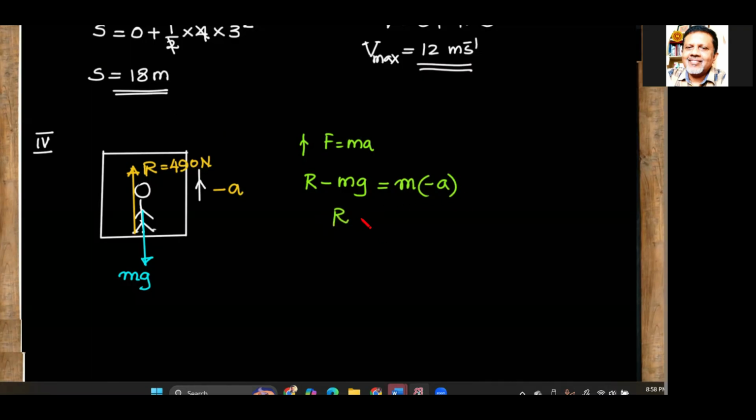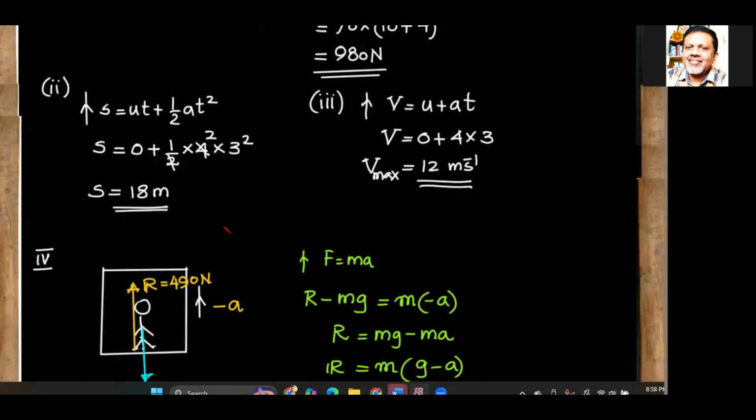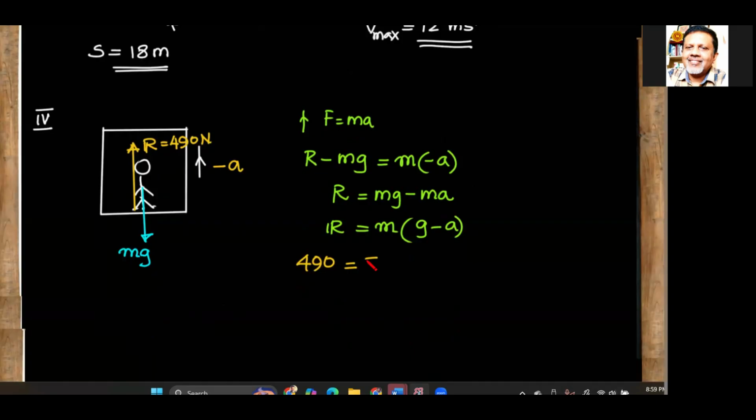So R is equal to mg minus ma, and we can write it as m times (g minus a) is equal to R. Given that R is equal to 490, we substitute the mass of the person, 70 kilograms, and g is 10 minus a. This is what we have to calculate.